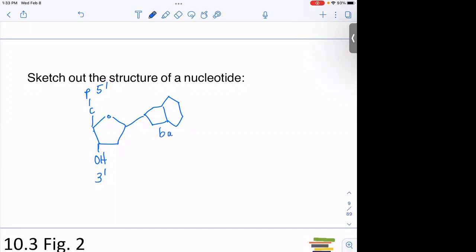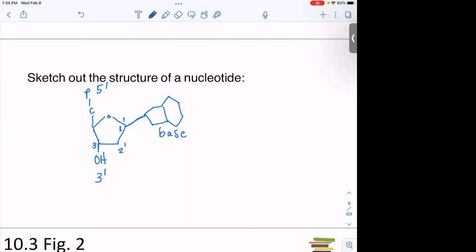I'm kind of weak on sketching that out. I made a pyrimidine, so it has kind of 2 rings there. You could have had whatever. I'm not worried that you know the structure of the base, but that's where the base attaches to that 1' carbon. Here's the 2', here's the 3' carbon.